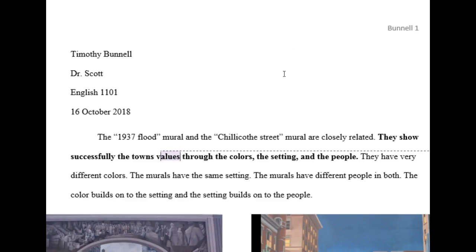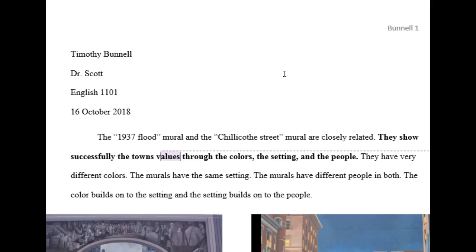I have some feedback for you on your SA2 draft. Just a quick reminder that the four things that I'm really looking at in this essay are your thesis statement, your ability to put together an argument that's interesting, that's got some depth to it, and it's clear. Also looking at your ability to use a couple quotes and details from the murals to support that argument.